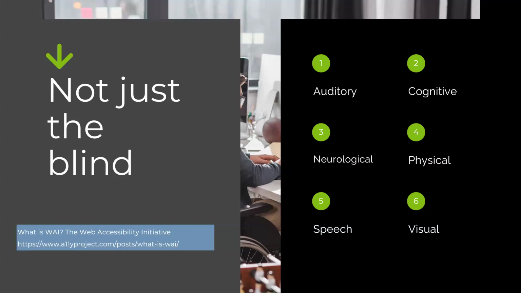You can see there, and these are defined by the WAI, the Web Accessibility Initiative, which is a very large international body that deals with web accessibility. So you can see people with auditory, cognitive, neurological, physical, speech is categorized separately, even though it might fit into some other categories, and of course, visual, which is the one that usually comes to mind right away.